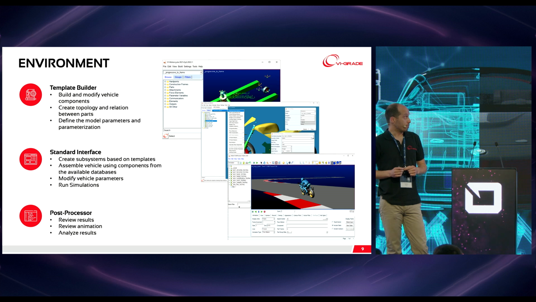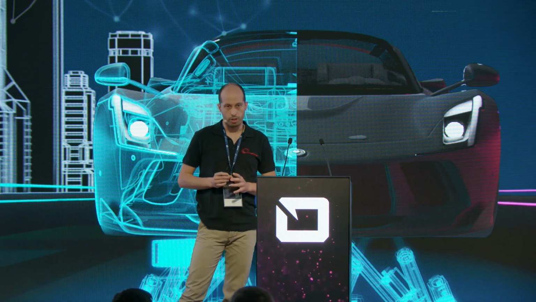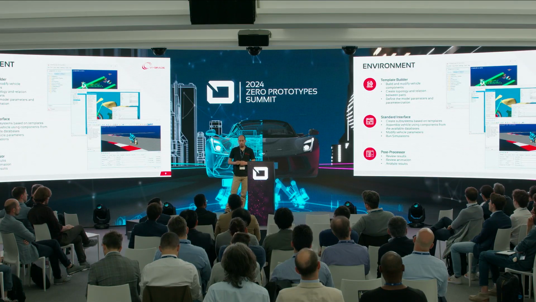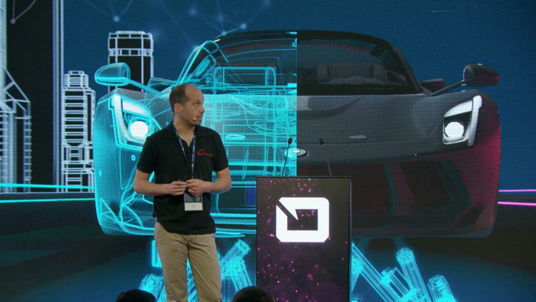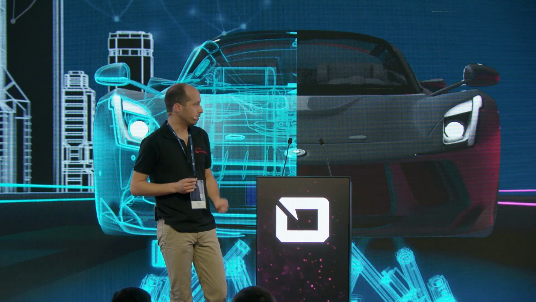Once the model has been built in the template builder, with the standard interface you have the possibility to assemble the model, so to have a unique assembly, and with the assembly in the standard interface, you can run simulation. You can tune parameters and run all the simulations that you want. And now, in the next slides, we will see the simulation analyses that VI Motorcycle allows you to run.